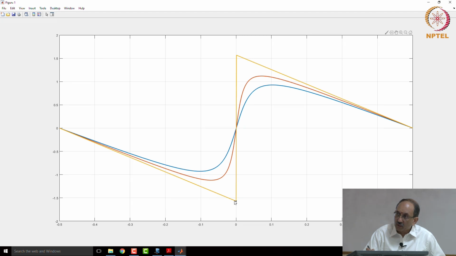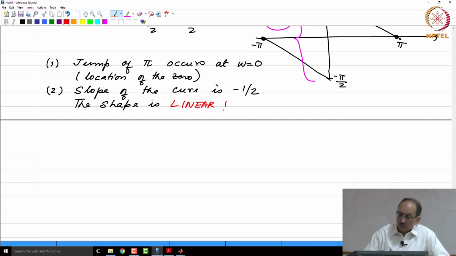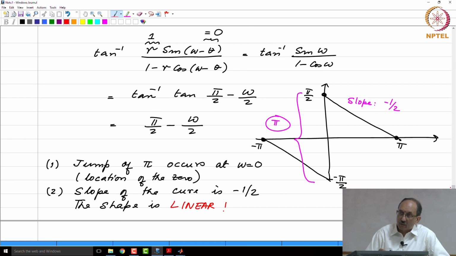So, the jump occurs at omega equal to 0. The value of the jump is pi, but the shape is precisely linear, and the slope is minus half. So, these are the inferences that you can draw when you have a 0 on the unit circle. Moment you have this, you can immediately guess that any 0 on the unit circle will give rise to this kind of sawtooth waveform.